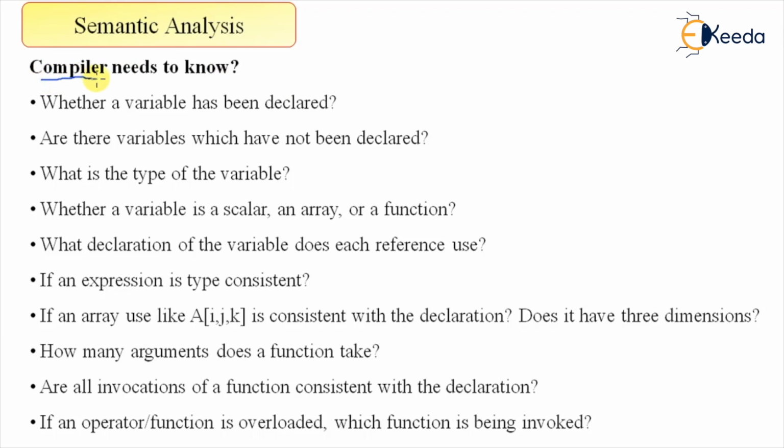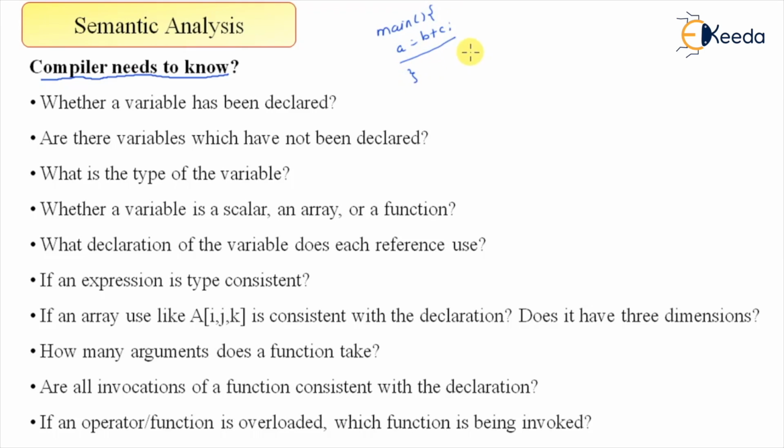The compiler needs to know various things, and we have summarized those requirements like this. First, the compiler needs to know whether a variable has been declared or not. Simply, you started your program with main, and within the main program you just say a is equal to b plus c.